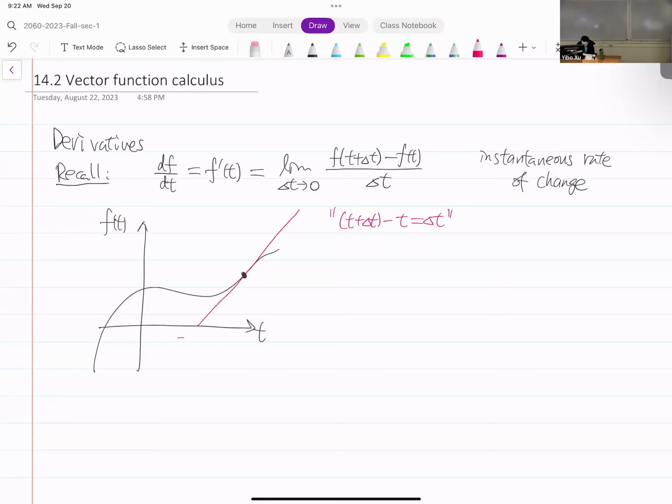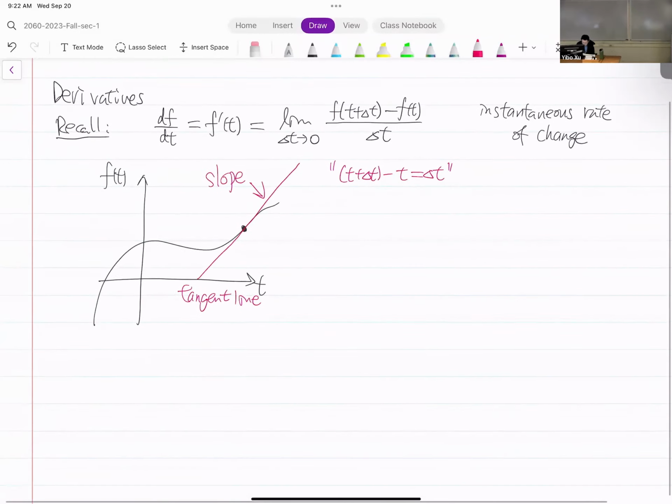Tangent line. And then the derivative is actually the slope of that. And the slope of a line is of course the average rate of change, which is rise over run.